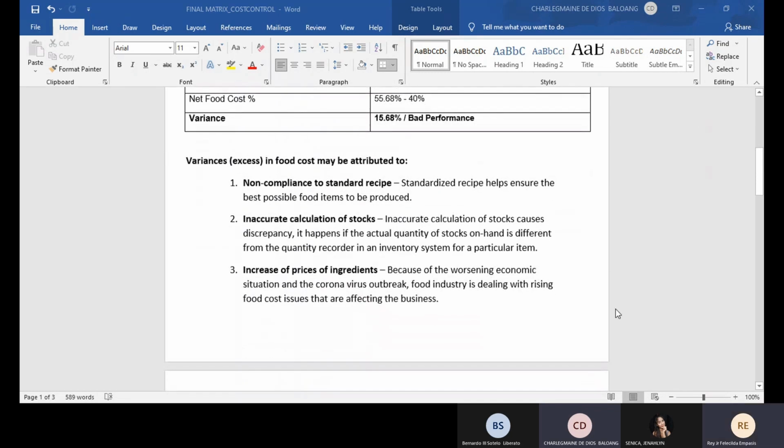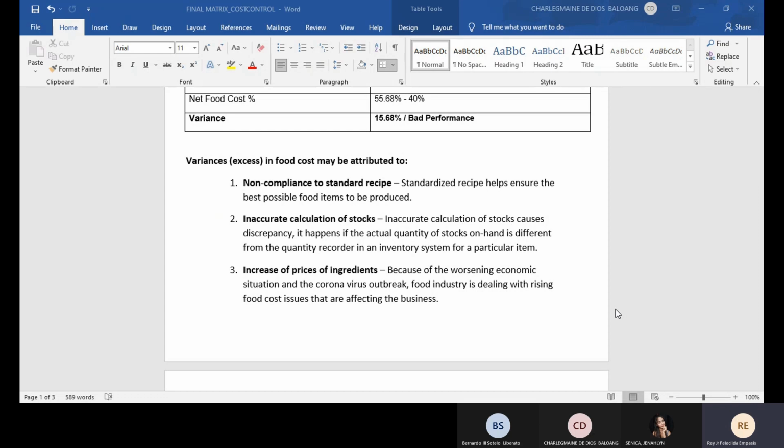Next. Number 1. Standard recipe. Standard recipes are an important control tool for food service management and operation. A standard recipe assures not only the consistent quality and quantity, but also a reliable cost range in order for an operation to set a minimum selling price.